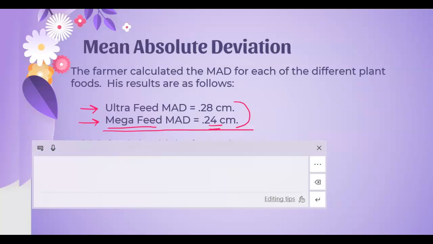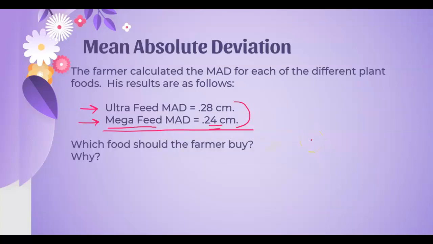This is a real live question. This is how a farmer would figure out how they could get the most consistent growth out of their plants so he can plan for his harvest. All right, so you have to think about what the scenario is.